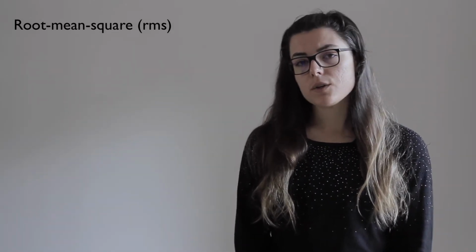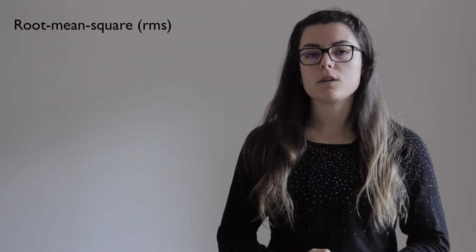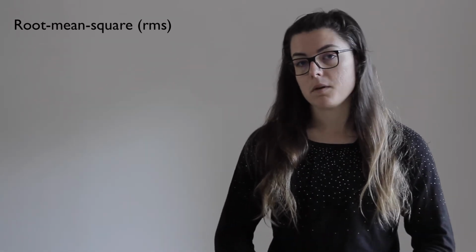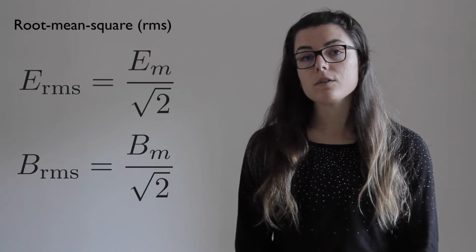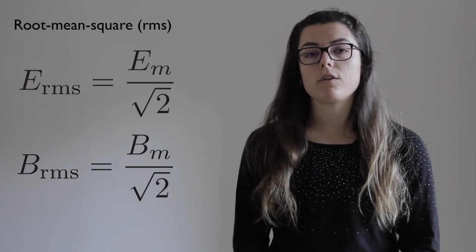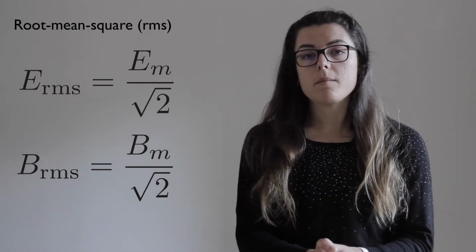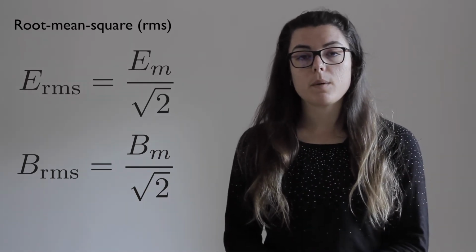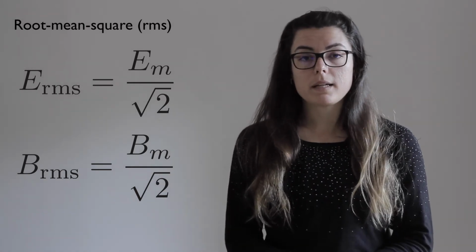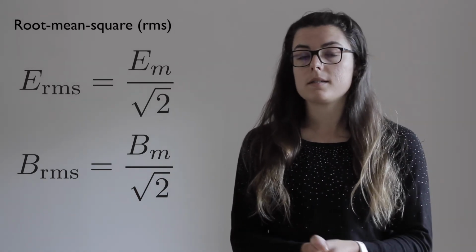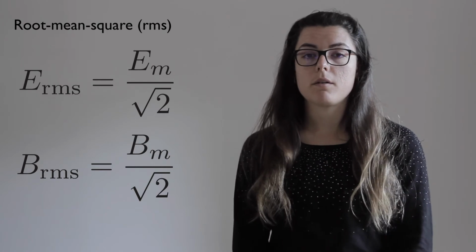So what we do is we take the root mean square of the maximum of a value. For our maximum electric and magnetic fields, the root mean square of each would be E RMS equals E max divided by square root of 2, and for the magnetic field, B RMS equals B max divided by square root of 2.